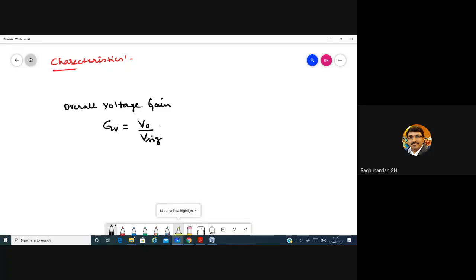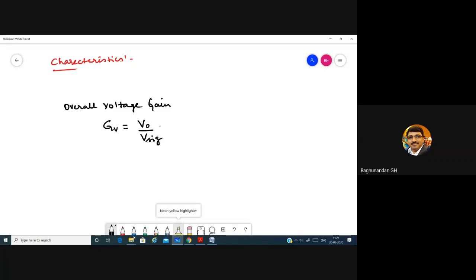After losing some part of voltage across the signal resistance, we get Vi. But Vsig is the total voltage applied from the signal generator. So this is the formula.